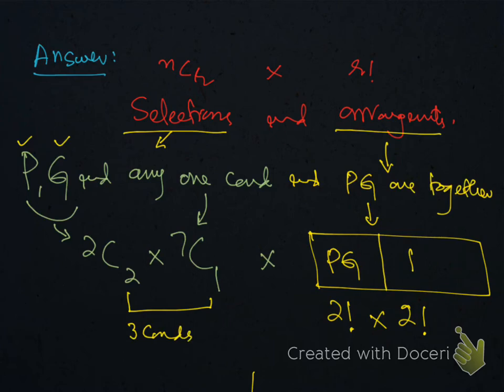Now arrangements are also restricted. So for P and G together, we have to place them in this box, and within this box they can arrange themselves in 2 factorial ways. Since the remaining card is just 1, this number will become 2 factorial.